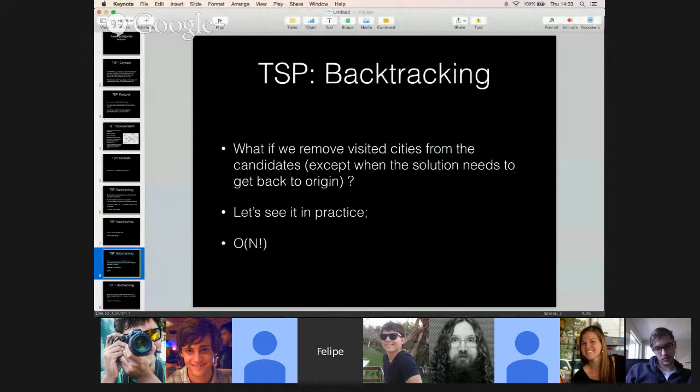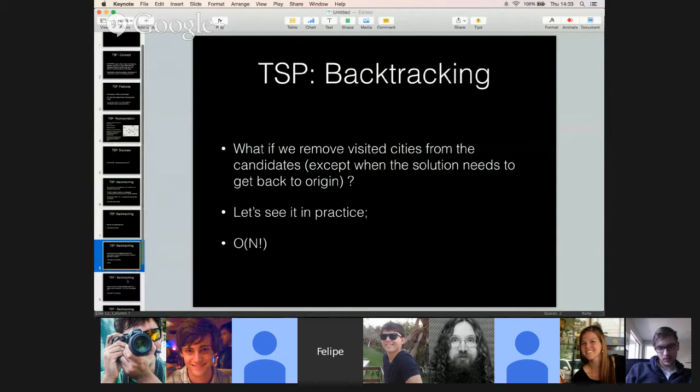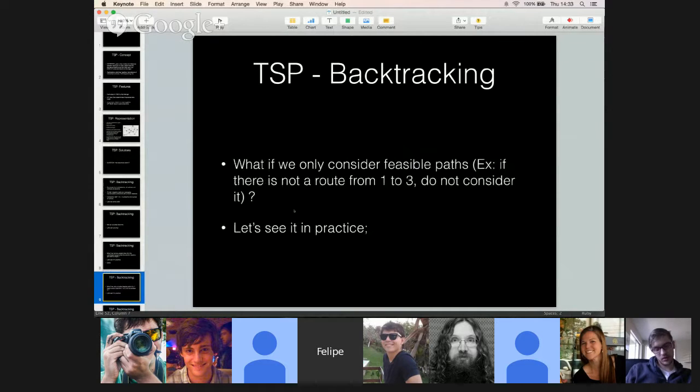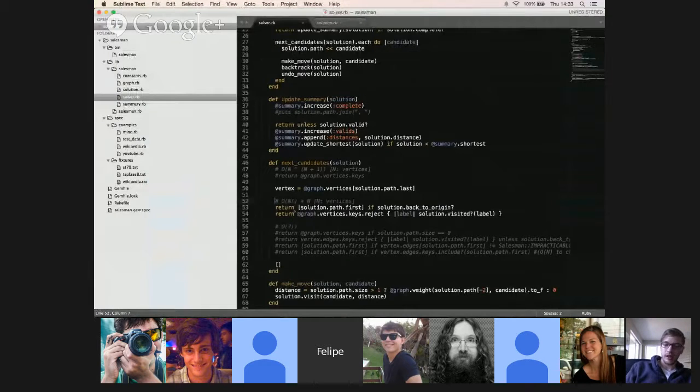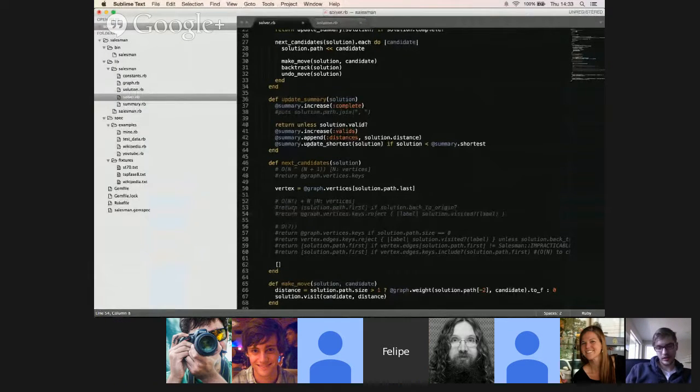So this is what we did here: removed the visited cities from the candidates, and it improved a little. Another optimization that we can do here is to consider only feasible paths. I mean, if I can't connect city 1 directly to city 3, I don't need to consider this as an option.